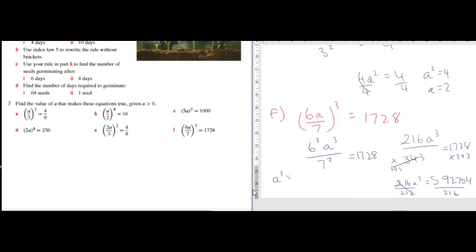Okay, so then we've got 2,744. Now, as I said before, the opposite of cubing something is taking the cube root, and there's actually a button on your calculator for you to do that. It probably looks something like that. Okay, so you need to tell it the x is 3. So if you press that button, you can input the 3 for a cube root.